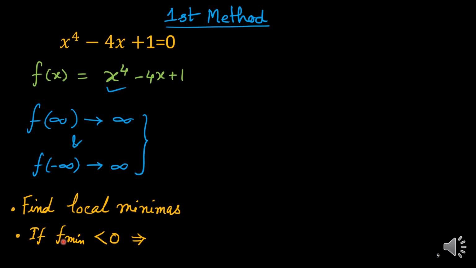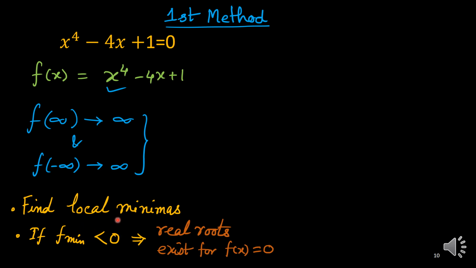If this minimum value is less than 0, then only will we have some real roots for the equation f(x) equals 0, because the function is growing to infinity on both sides and its minimum value is negative, so obviously it will cross the 0 axis line, the x-axis.